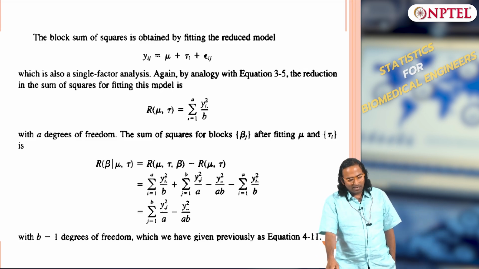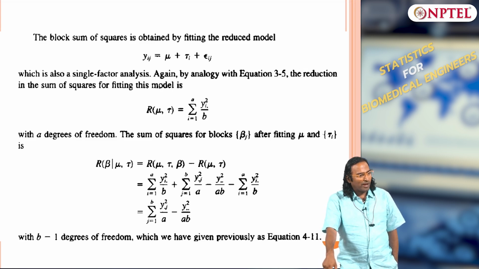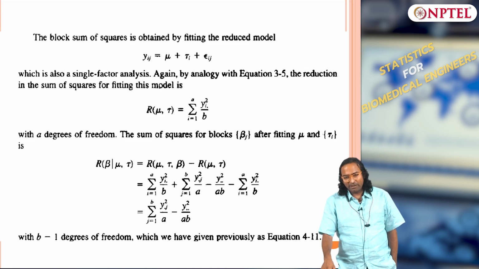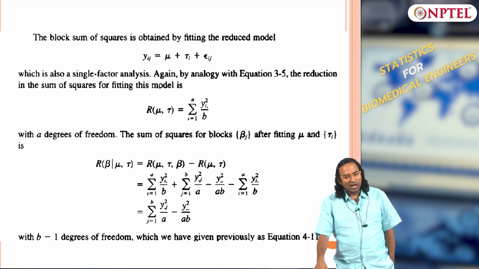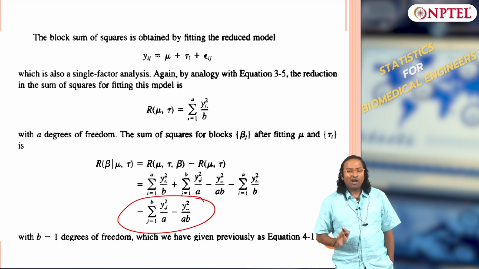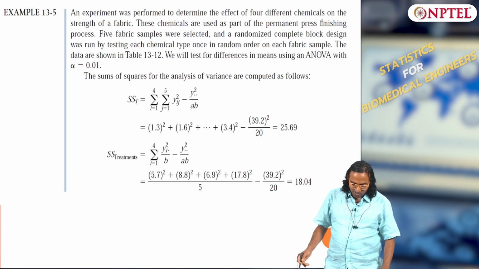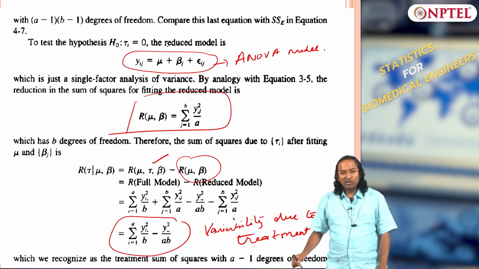I fit a model for treatment, but remember now my hypothesis is on blocks, not on the treatments. Then I fit R(mu, tau), and then R(mu, tau, beta) minus R(mu, tau) will give the effect of blocks alone. Understood?